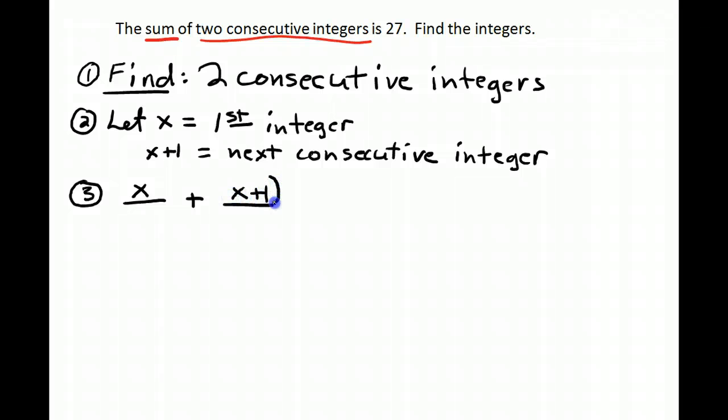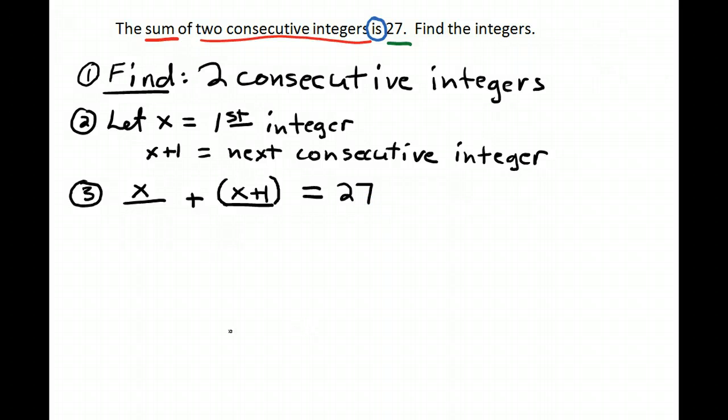Now this is a quantity, so it's a good idea to put it in parentheses. You know that because we're adding it, the parentheses aren't really going to come into play, but it's helpful just to get a good look at what the equation is going to be in relationship to the quantities. Alright, now when I go up here, I see my is, that's my equal sign. So the sum is, and it says the sum is 27.